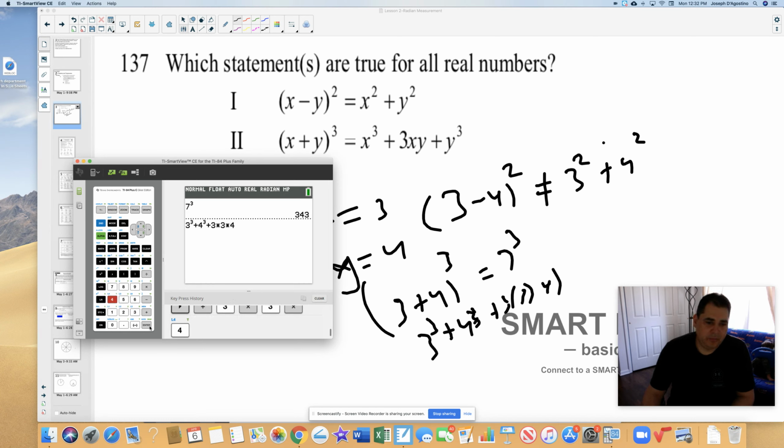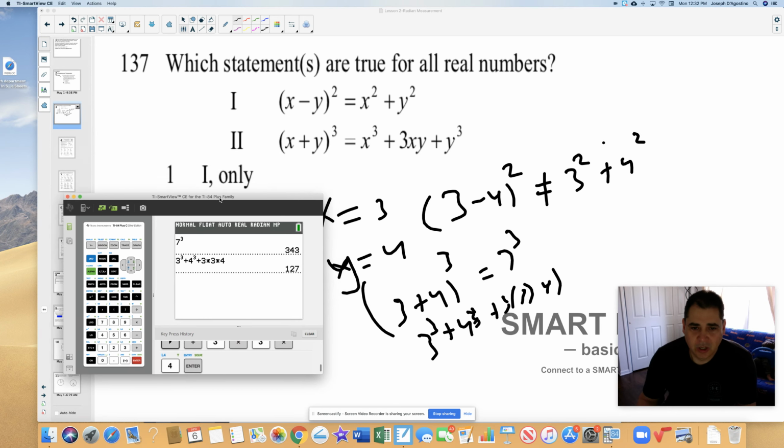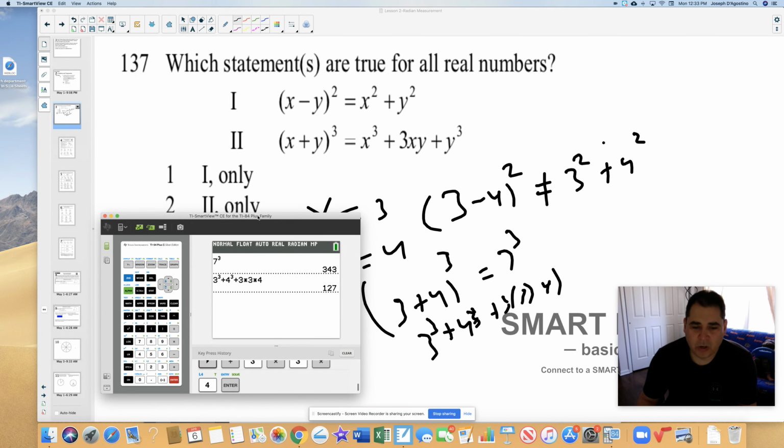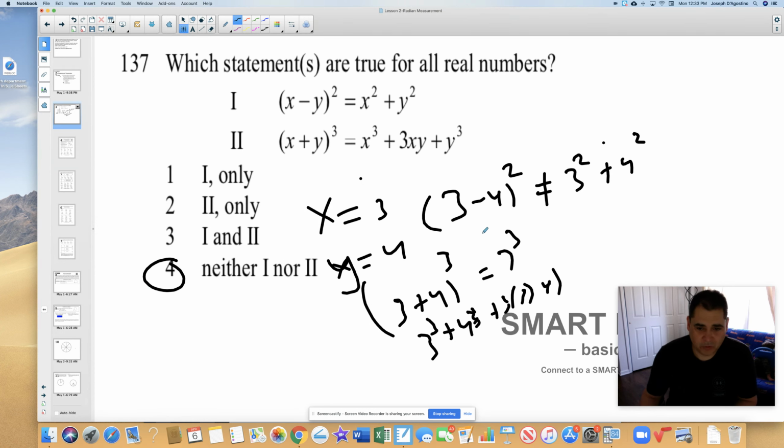If it was the same, then possibly, because when you try to prove something, one example will not suffice, so you have to use multiple x and y values to plug in. But to disprove something, all it takes is one example. In this case, we did that. One example disproves it. So neither 1 nor 2 will be true.